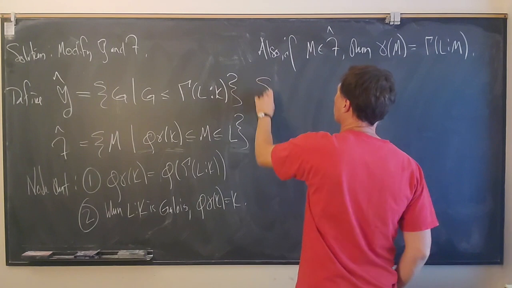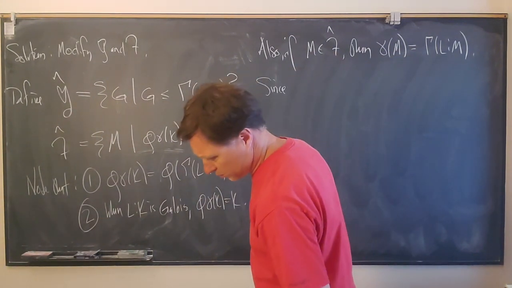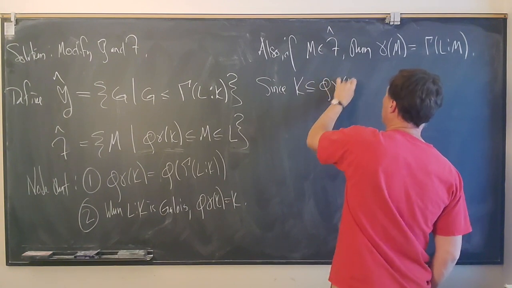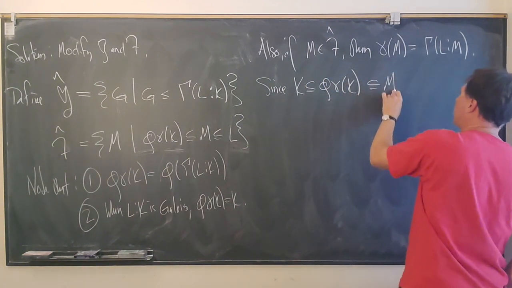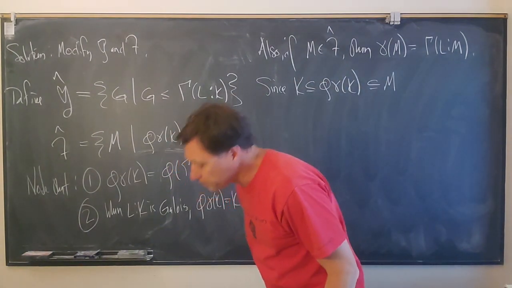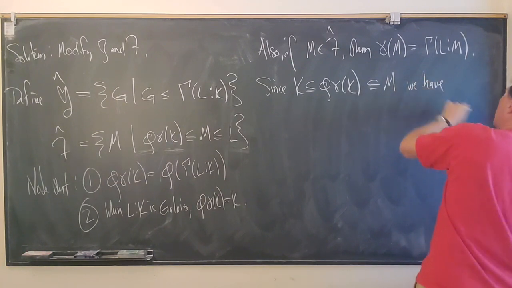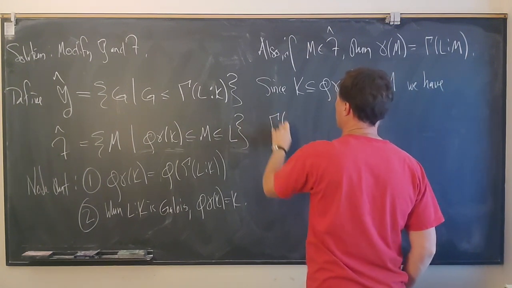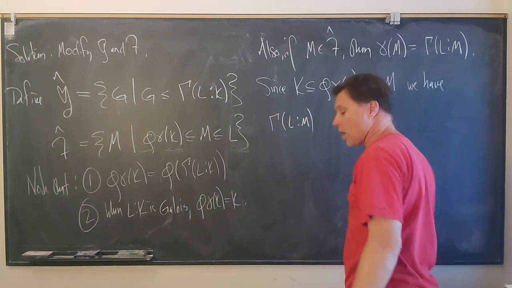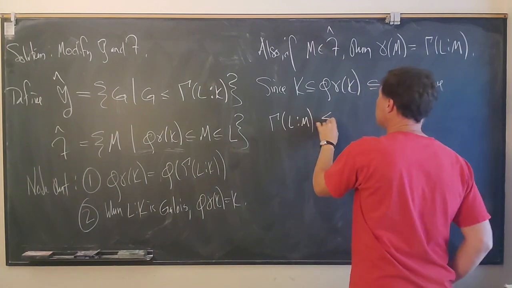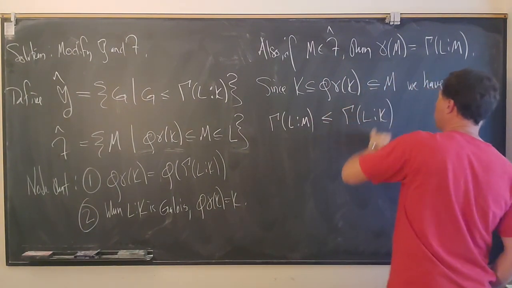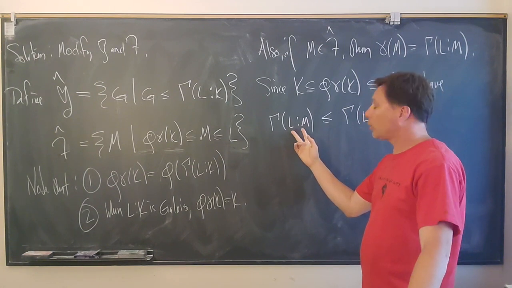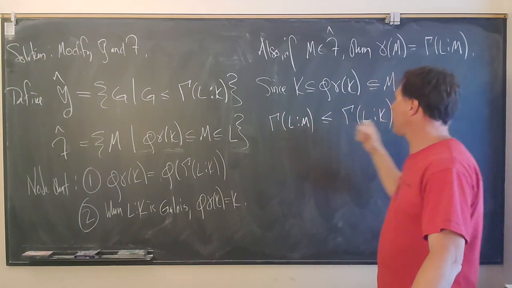Now, since K is contained in phi Gamma of K, which is contained in M, the Galois group of L over M is a subgroup of the Galois group of L over K. If you fix everything in M, then you definitely fix everything in K, right?